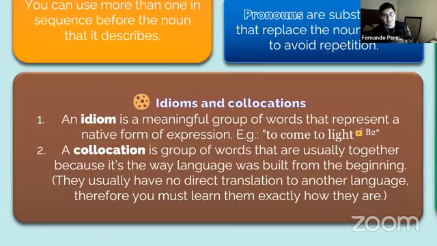You can go directly to your bookstore and find an Oxford collocations dictionary. That's the only way. And that's pretty much it.